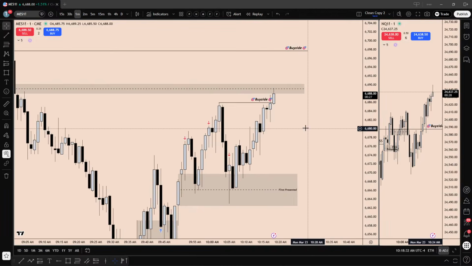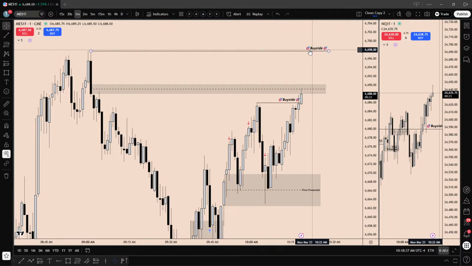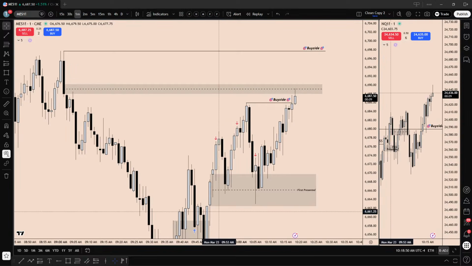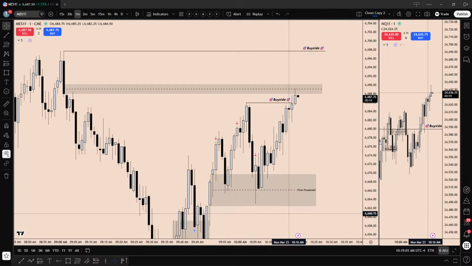Nice. All right. You said, let's see what we get here. Close above this, we should see the buy side. We did close above the buy side there.